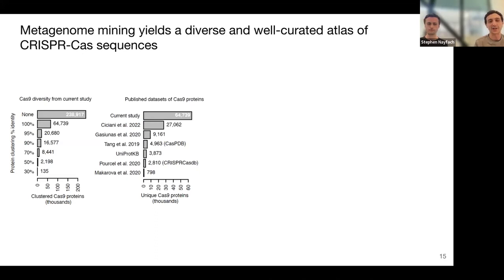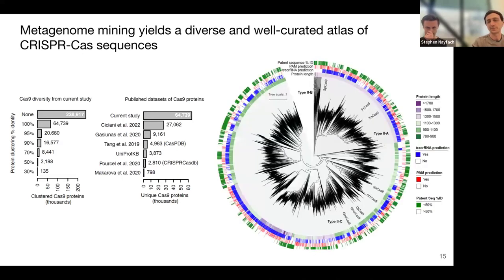And that data set actually isn't publicly available. The next largest data set that is publicly available is a little over 9,000 Cas9 sequences from this study, Gasiunas et al. in 2020. So our efforts to do metagenome mining yielded a really massive increase in the number of sequences that we could use for modeling.